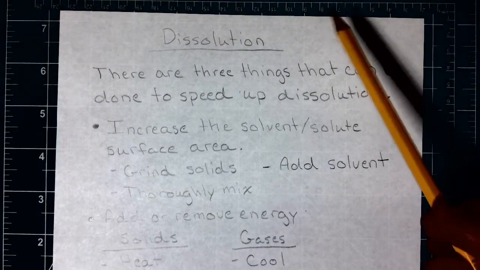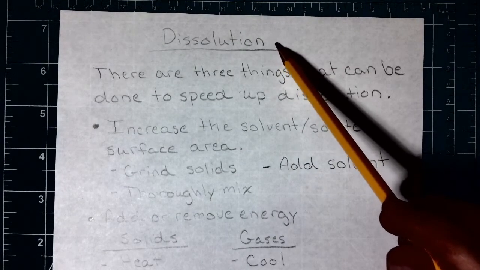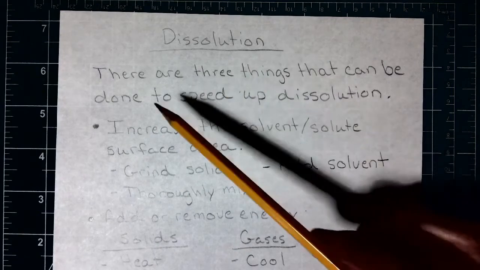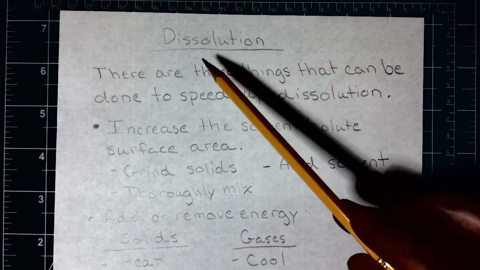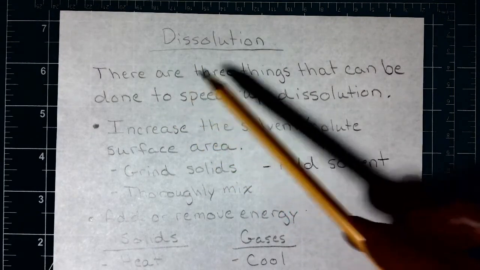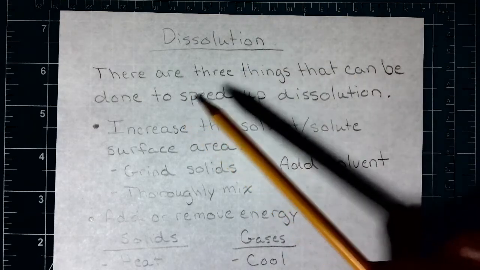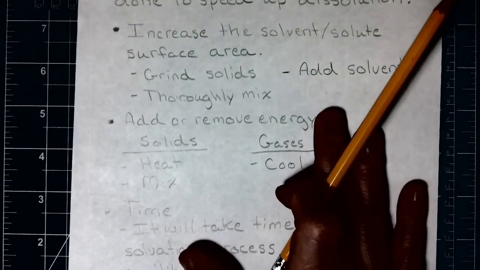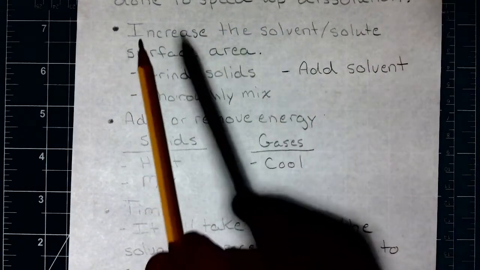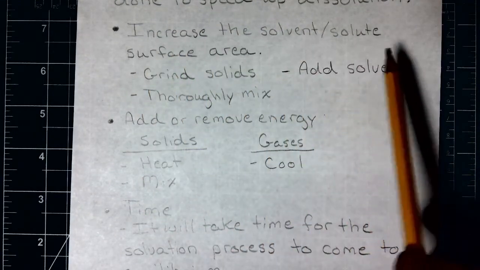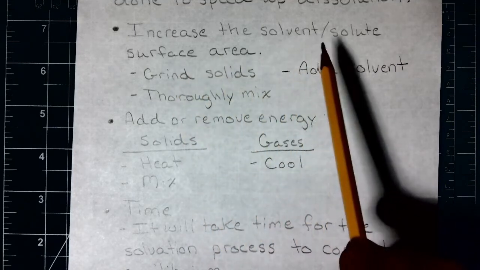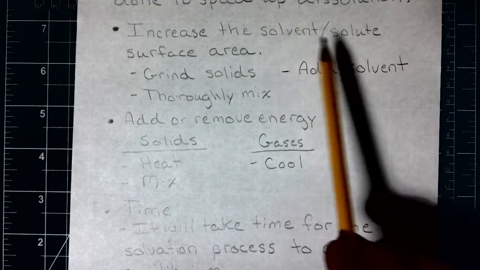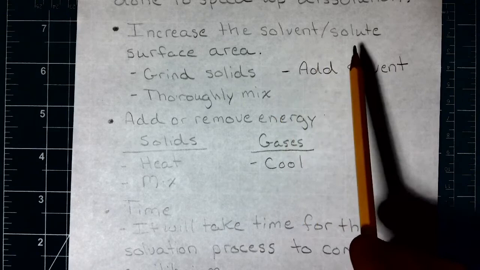Okay, let's talk a little bit more about the process of dissolution. So this is dissolving one thing in another. There are 3 things that can be done to speed up dissolution. The first thing that we can do is increase the solvent-solute surface area. So dissolution is going to happen at the interface between the solvent and the solute.